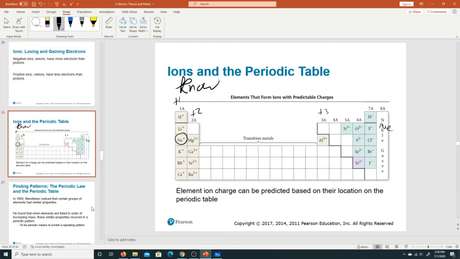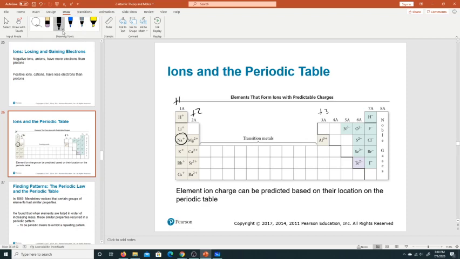If we took one electron away from potassium, it's going to look like argon. Argon came down here. So elements which lose electrons are trying to look like noble gases, that's group 8. The nonmetals on the right, if they acquire electrons, look like group 8. That's the whole idea in chemical bonding. We're trying to look like a noble gas, because the noble gases are known to be stable.